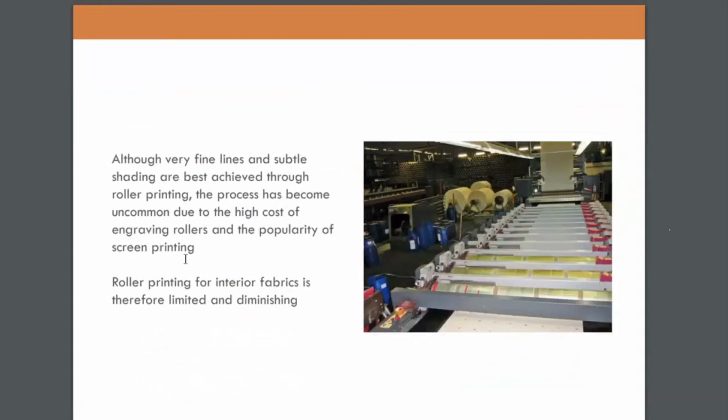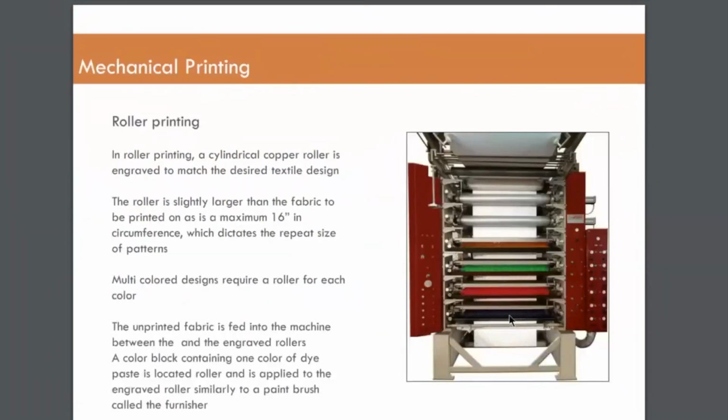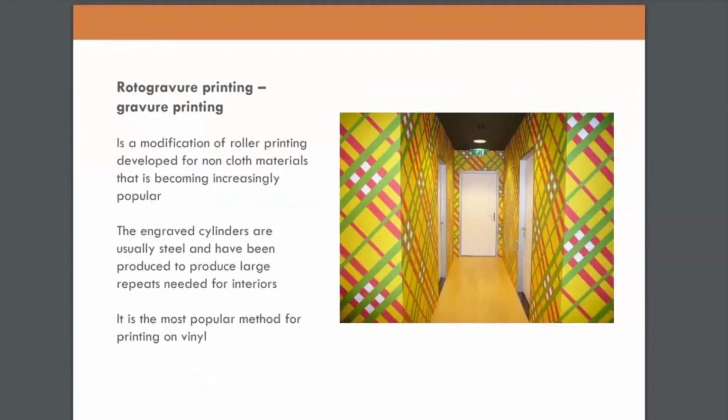So traditional roller printers where the rollers are engraved, the interior fabric is limited and diminishing this type of process. This vertical type of process is kind of going out, but we'll take a look at some different types of printing.